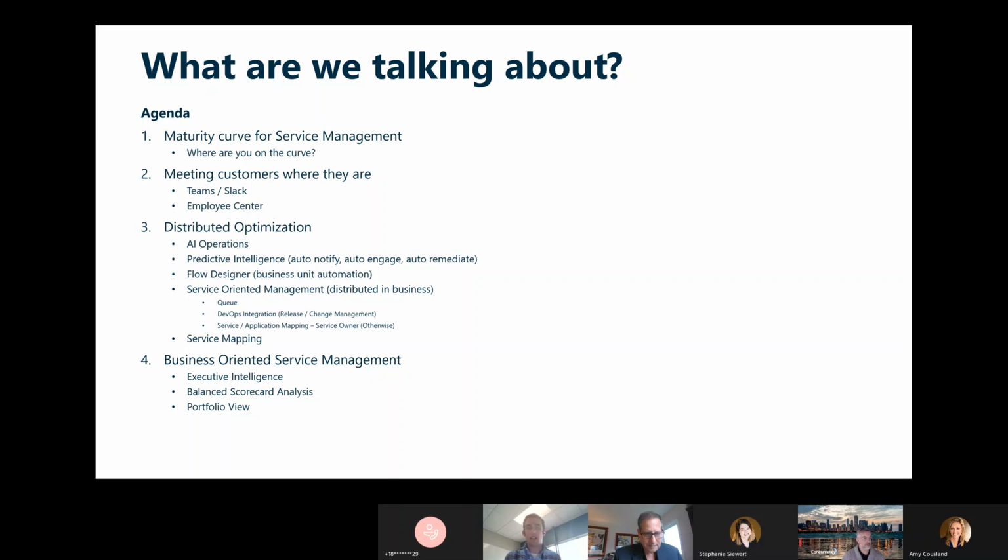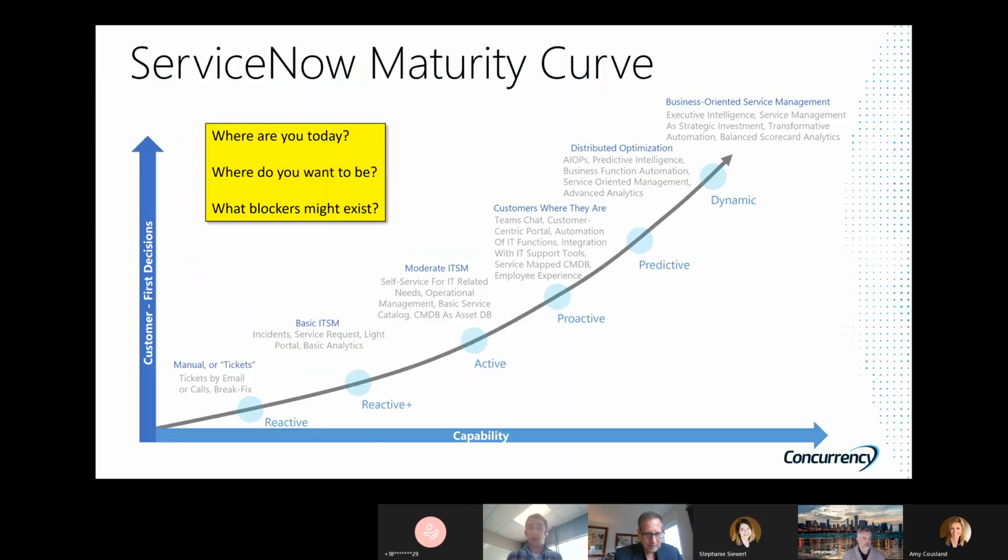We'll talk about distributed optimization, capabilities that are tied to enabling the business to use service management even across the business in ways that they hadn't thought about before. And then finally, we're going to talk about how a business starts thinking about IT as a business asset, how they align it to executive intelligence so your C-suite can understand where technology is being invested in and how that technology is benefiting the business from a payoff standpoint, especially as they look at it as a portfolio.